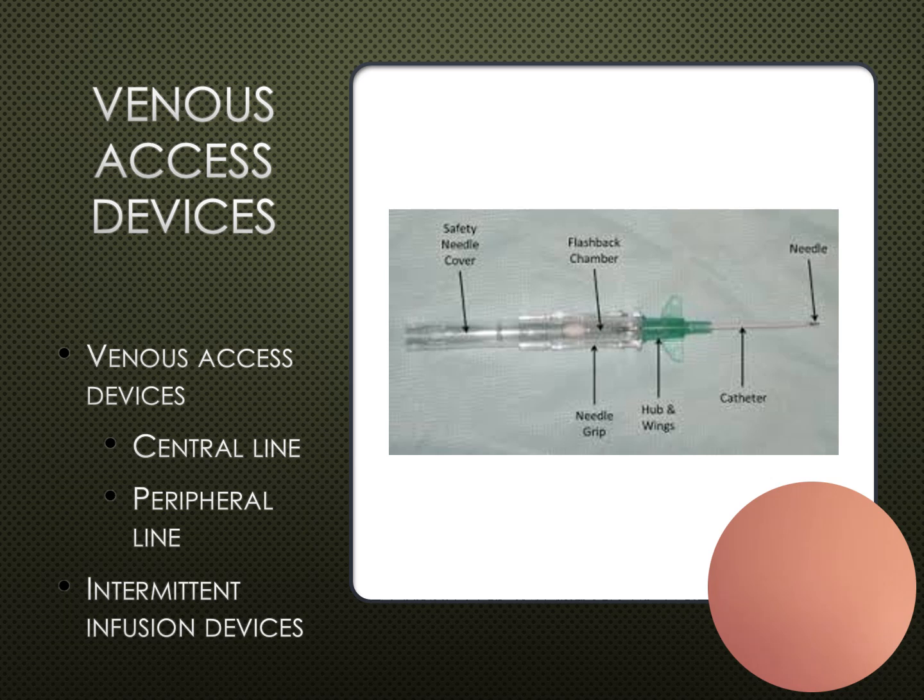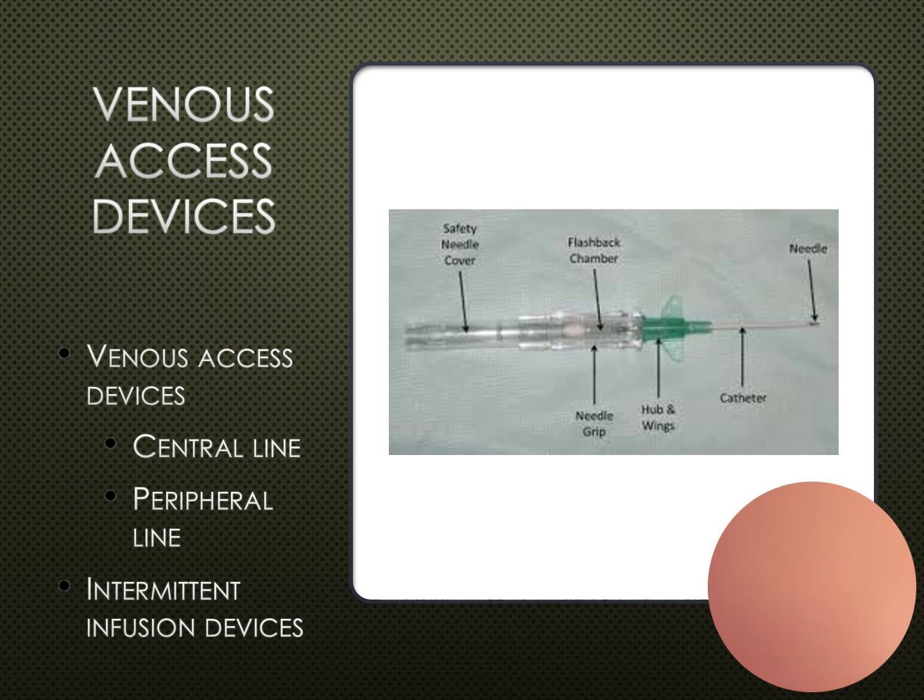So there's a variety of venous access devices available. The over-the-needle catheter device is the type that we will use in the IV therapy lab, and this consists of a plastic catheter attached to a plastic hub.